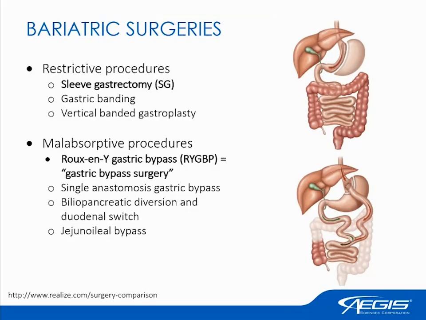If you look to the right, I've included a diagram so you can see a little bit of what happens when they complete this surgery. They remove about 80% of the stomach, creating a tubular path. So now the stomach is going to hold a considerably smaller amount of volume.